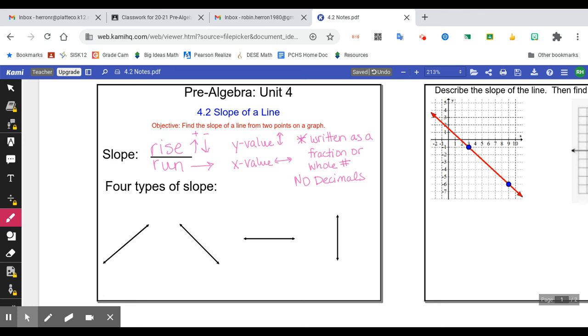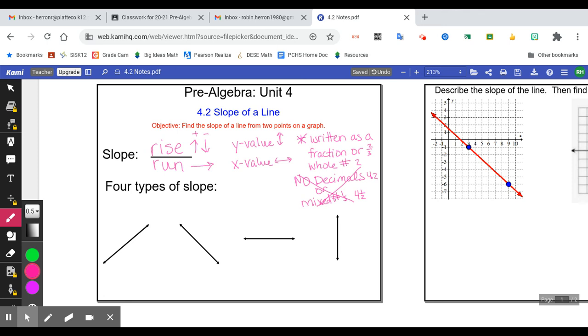So we have to have a number in each one of those spots, which makes it a fraction. No decimals or mixed numbers. Remember, mixed numbers are like 4 1/2. Decimals are like 4.2. That's a no-no. Fractions are like 2/3. Whole numbers would be like a 2.